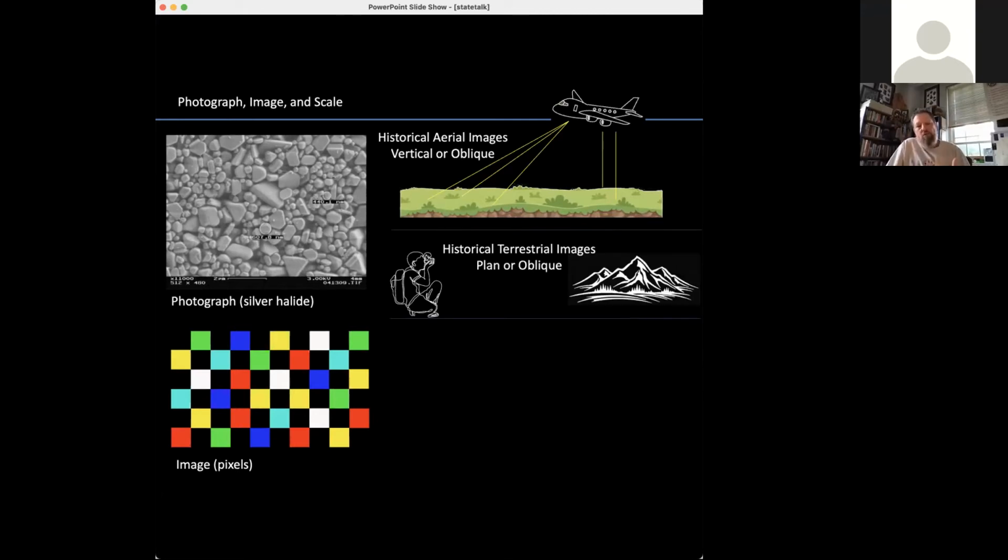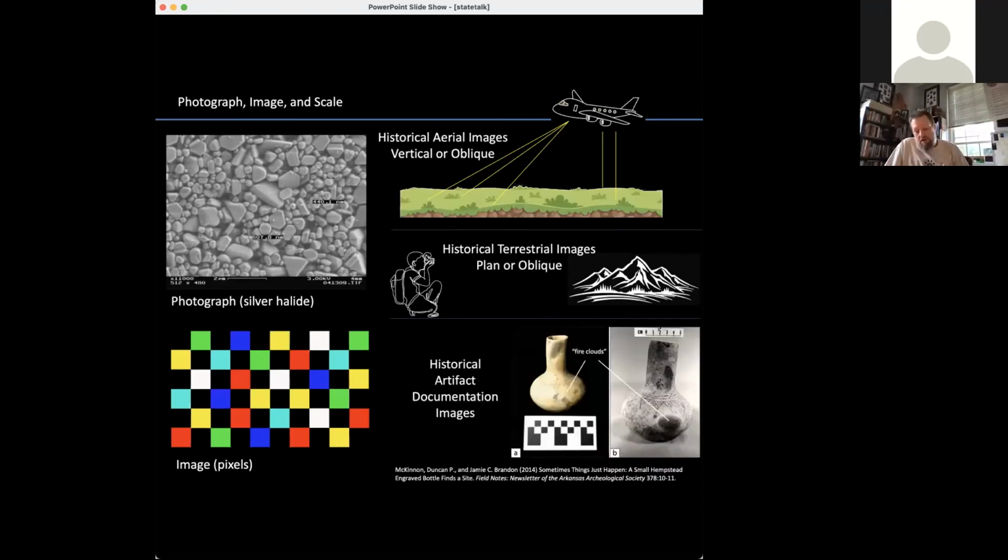A second is what I refer to as terrestrial images. These are taken from the ground surface, either looking across the landscape in a plan view, or maybe looking outward from the top of a landform down into a valley or something like that. So also oblique as well.